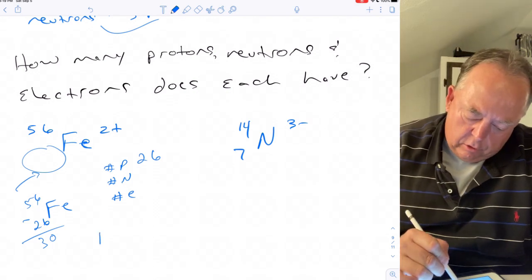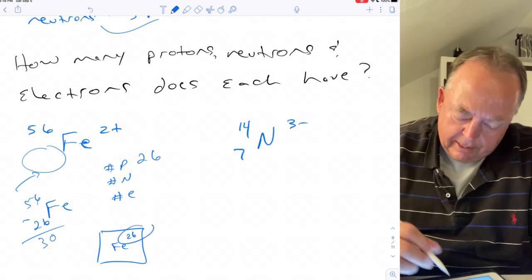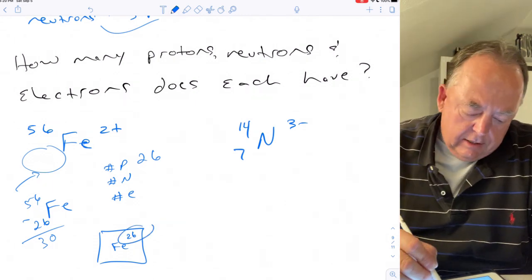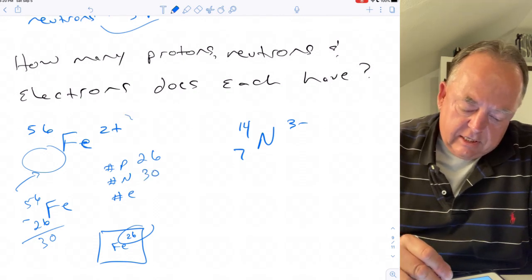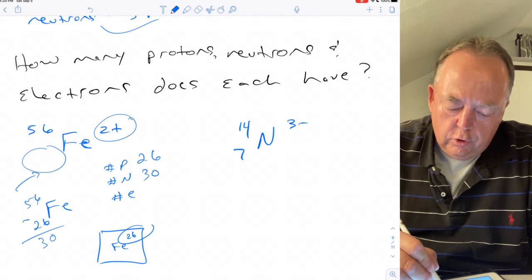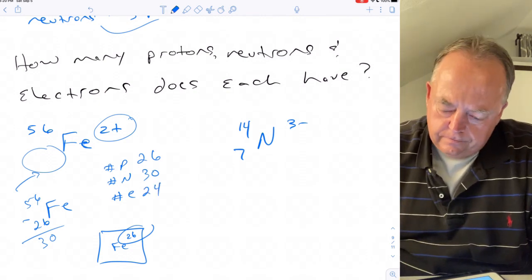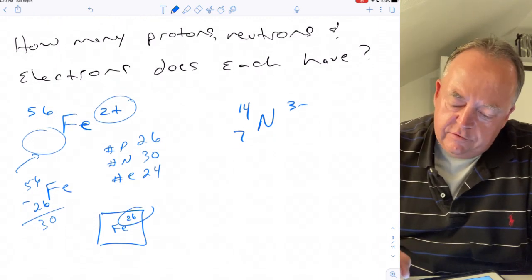Again, if you look at the entry for iron on the periodic table, in the upper right hand corner, number 26, that's its atomic number, which is the number of protons. So 26 protons, 30 neutrons, and now it's got a +2 charge, so it's got to have 2 more protons than electrons, so it's got to have 24 electrons, right? And then nitrogen 14 with a 3 negative charge.